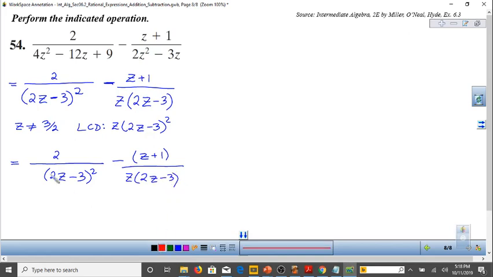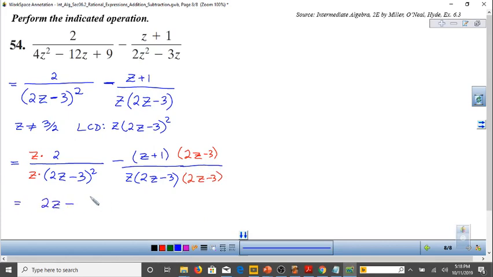And so now this one I just need a z to be multiplied in, so I'll just multiply z into those. And this one I need an additional 2z minus 3, so I can get a square in the denominator. Multiply to the numerator and the denominator. And then we combine the numerator and denominator.